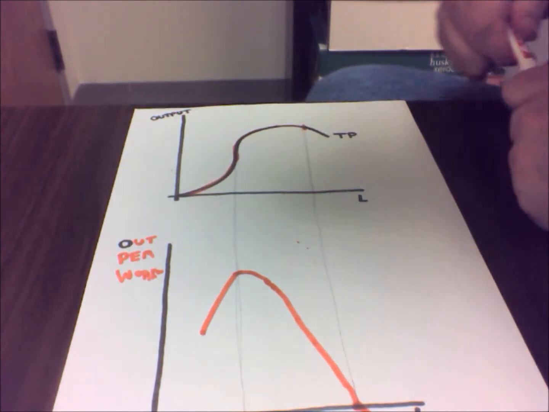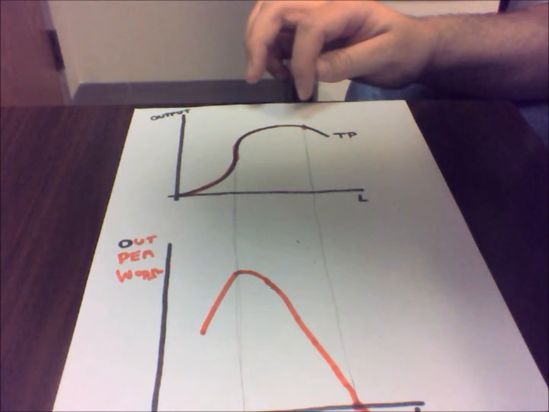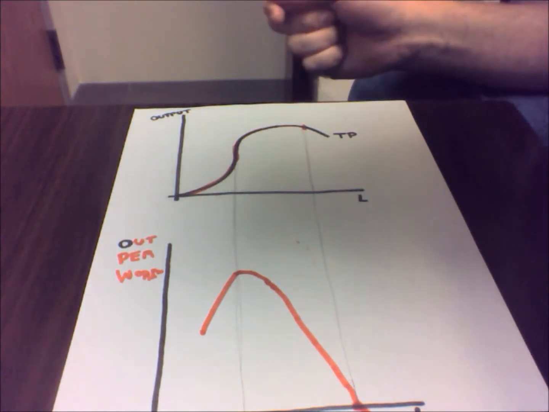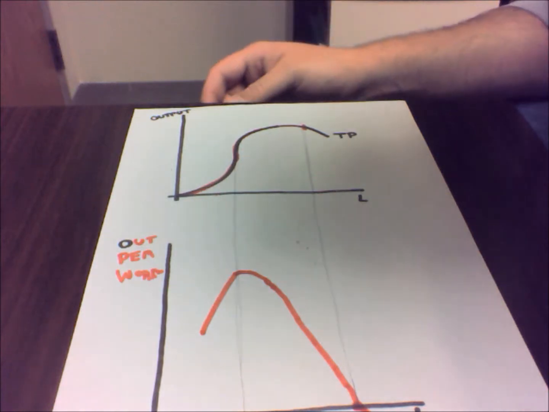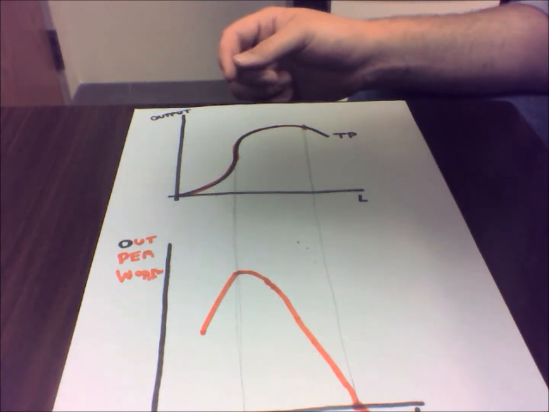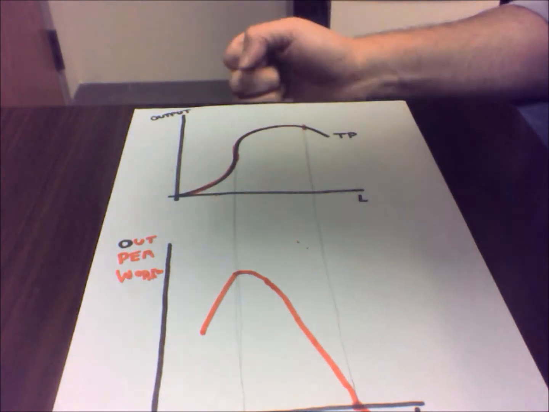Now, just to emphasize, that doesn't mean that a firm will want to produce here where total product is maximized, because what a firm is trying to do, as we explained in the last video, is to maximize profits, not to maximize production.